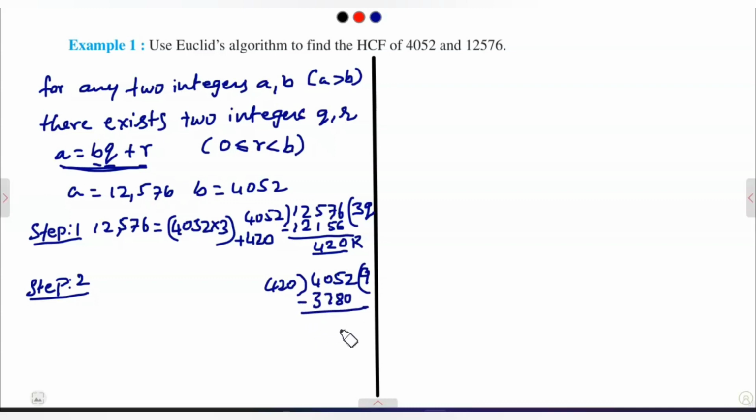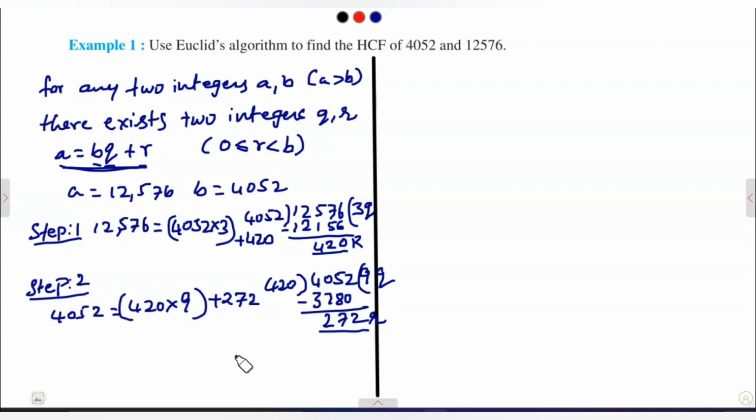If you subtract, you get 272. So this is our remainder in this case. Here Q is 9 and remainder is 272. Let us write step 2 as 4052 is equal to 420 times 9 plus remainder 272. This is our second step.